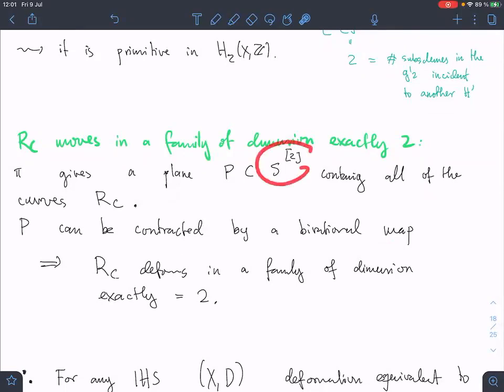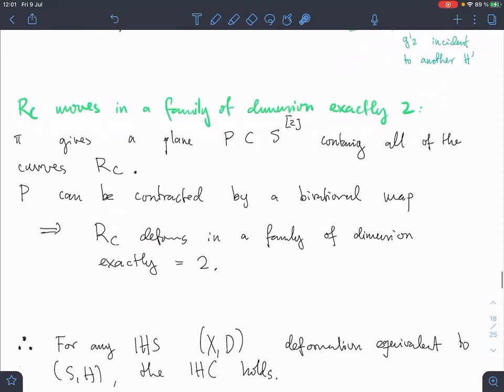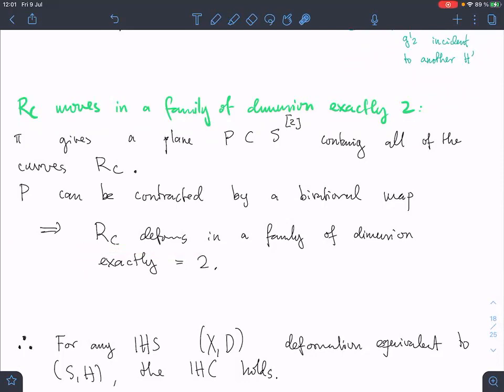So there's a contraction from S^[2] to some other singular symplectic variety which contracts this plane. It means that any deformation of this curve R_C will have to lie inside P. It cannot move outside this plane, because the plane gets contracted by that morphism. From that, we deduce that this curve moves in a family of dimension exactly 2, which is 2n minus 2.